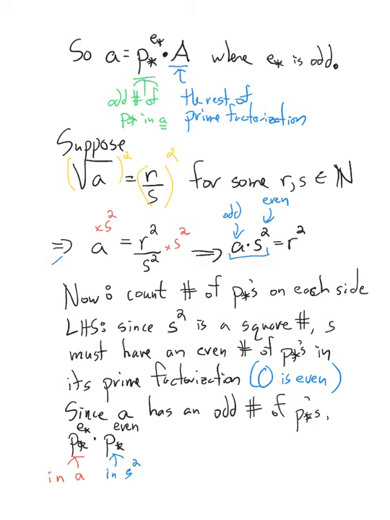S squared has only even powers in the prime factorization. So that must mean, using our rules for exponents, we have an odd number plus an even number. We know an odd plus an even gives us an odd number of p stars. So we know on the left-hand side, we have an odd number of p stars.